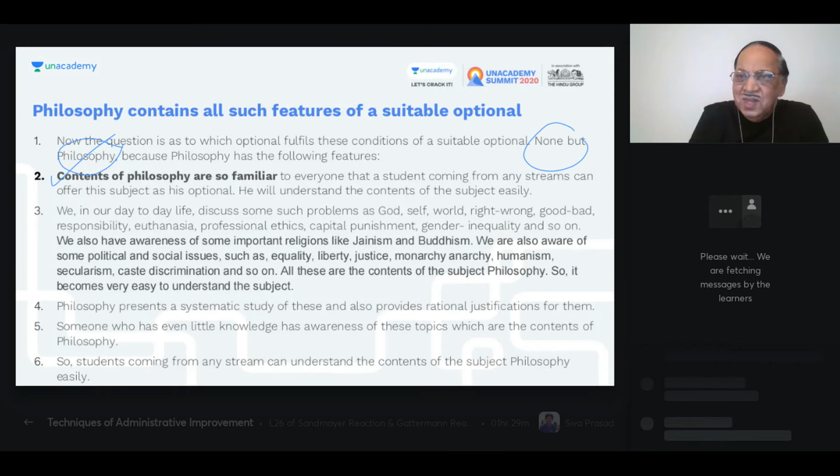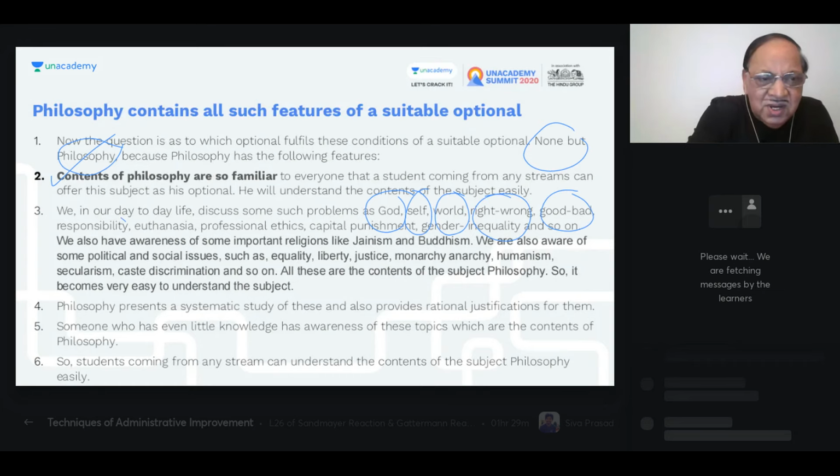Why? Because in philosophy, what we do and what we generally discuss in our day-to-day life. In our day-to-day life, we discuss some such problems as God, self, world, right, wrong, good, bad, responsibility, euthanasia, professional ethics, capital punishment, gender equality, and so on.